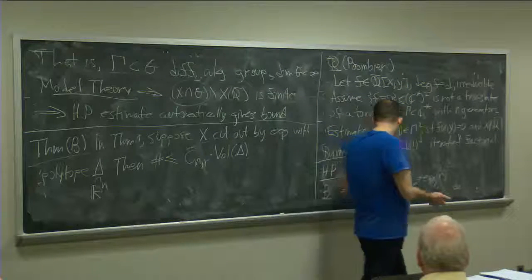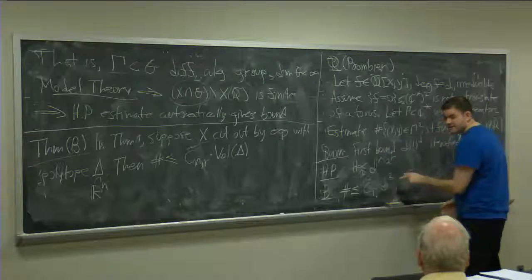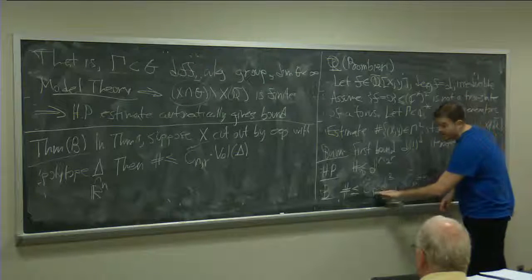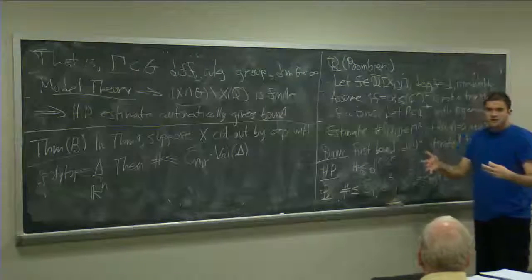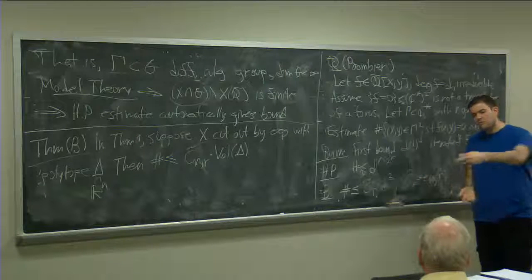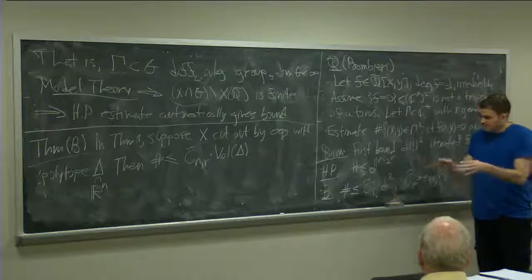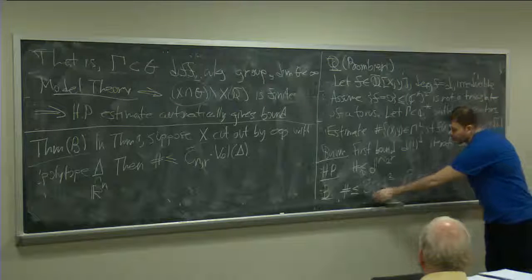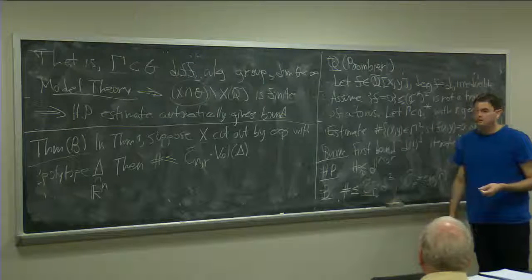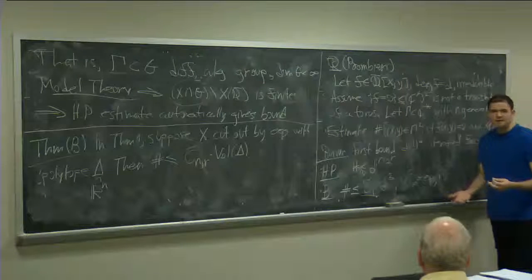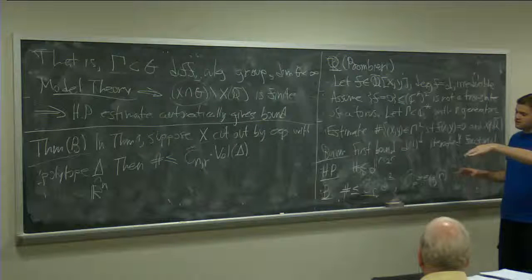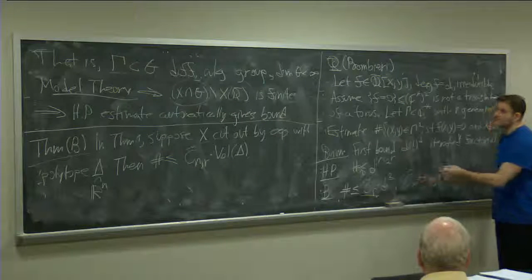So that's why in my result, the asymptotic in d will be like d squared, and then there will be some asymptotic depending on R. Because actually there are equations in other variables, of order R, but they're not growing, they're fixed with R. So that's why we have some constant here depending on R, and nothing is doubly exponential. This result is single exponential, so all the constants are always single exponential.